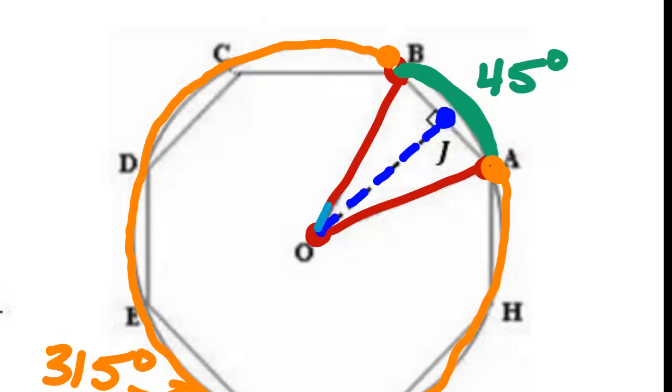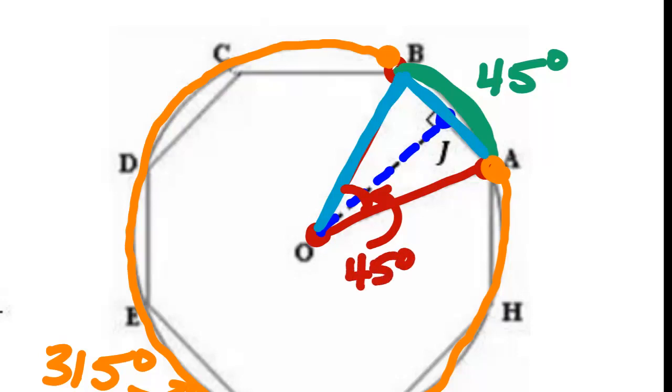So if I'm starting at O, and I go to B, and I go over here to A, we said that we know the measurement of this central angle here is 45 degrees. What is the apothem doing to that central angle? It's bisecting it.